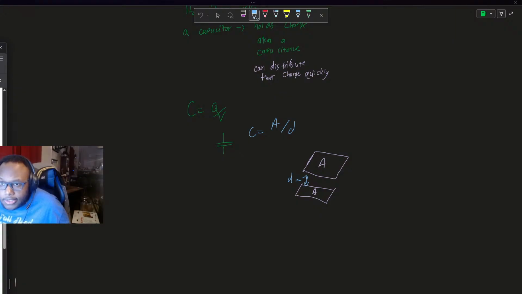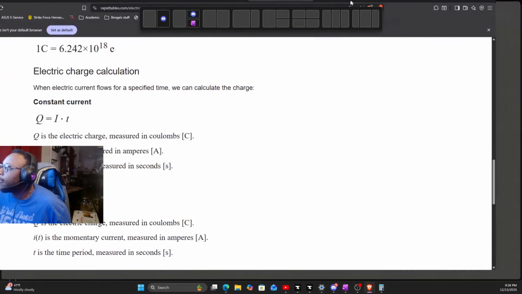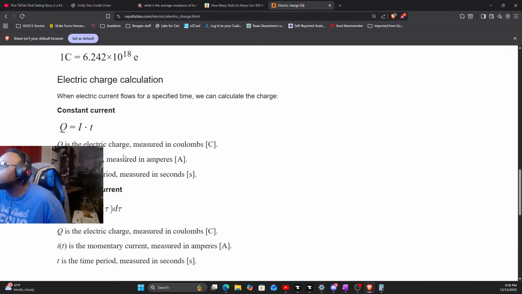Okay, so here we go. This is where I got that di/dt from. So, when electrical current flows for a specified amount of time, we can calculate the charge.